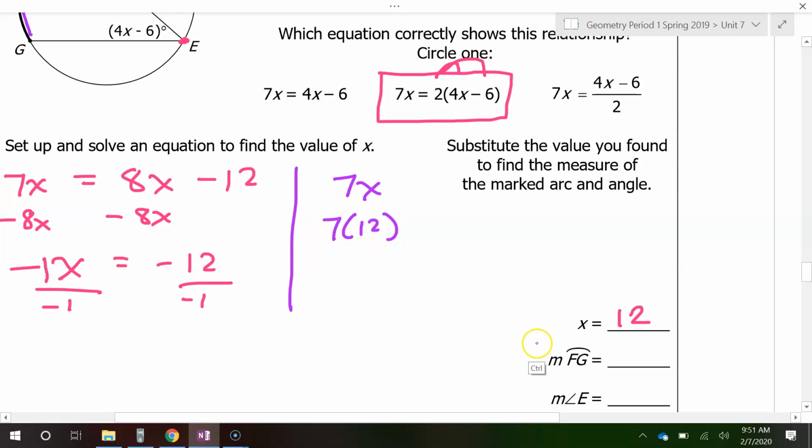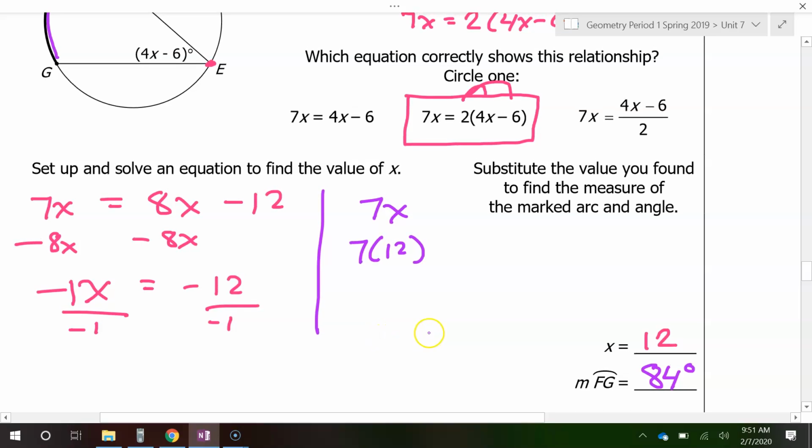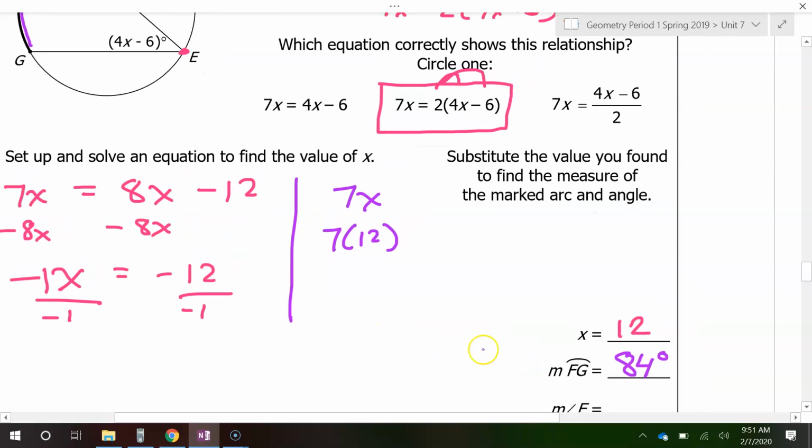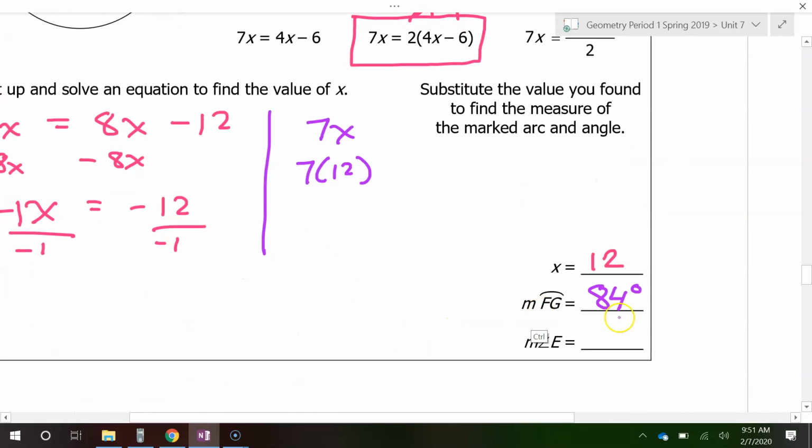So what's that? 84? So that's 84 degrees. And then the measure of angle E, I could plug 12 into this little expression, but we already know that the angle is half the arc. So I can just do 84 divided by 2. So that should be 42 degrees. Okay?